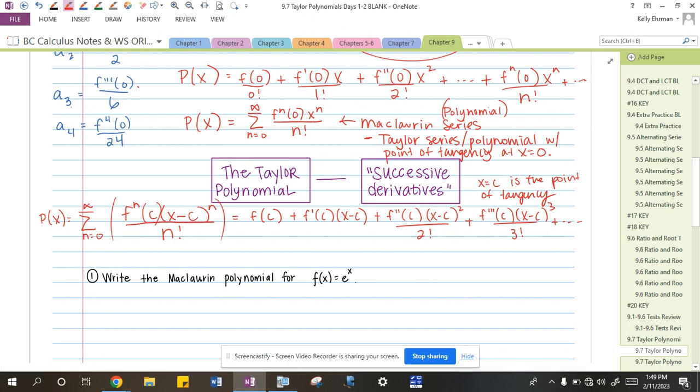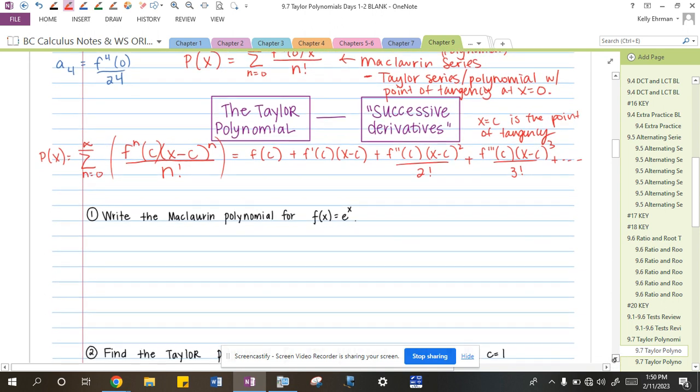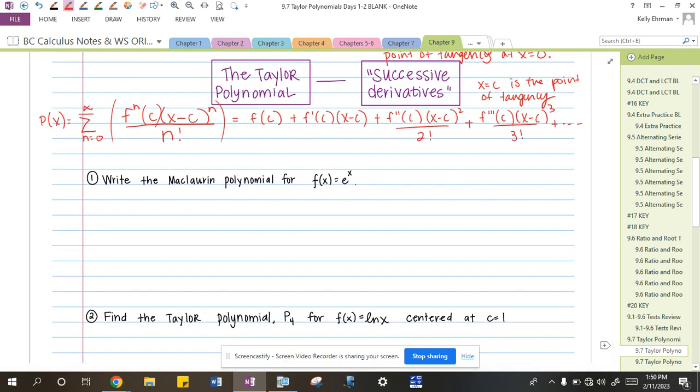Okay, so what we've just done is generate a formula that will allow us to come up with what we're now going to call a Taylor polynomial, which will be used instead of a tangent line approximation. These are basically tangent curve approximations. So write the Maclaurin polynomial for f of x equals e to the x. Oh, one more vocab thing.